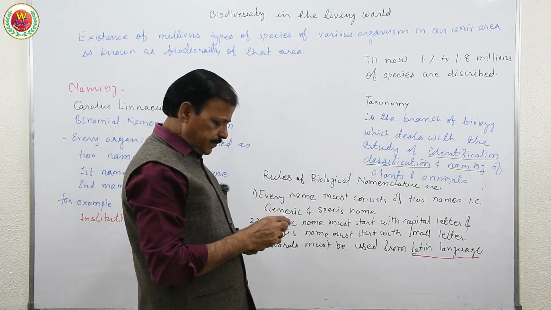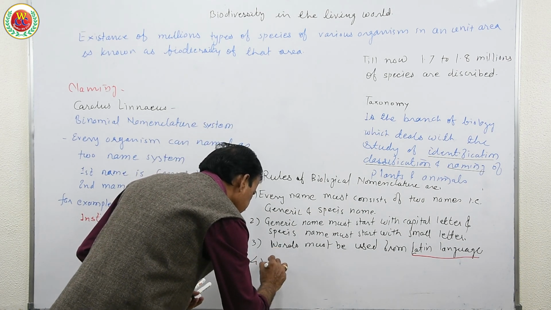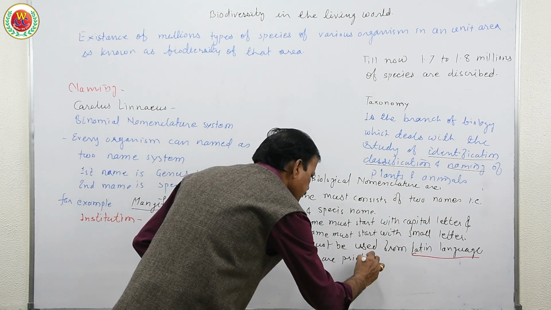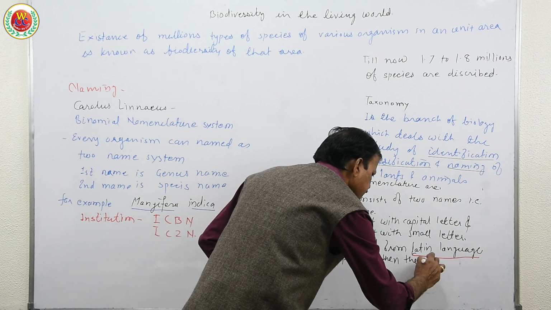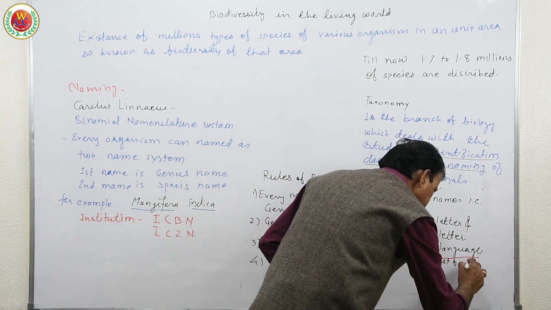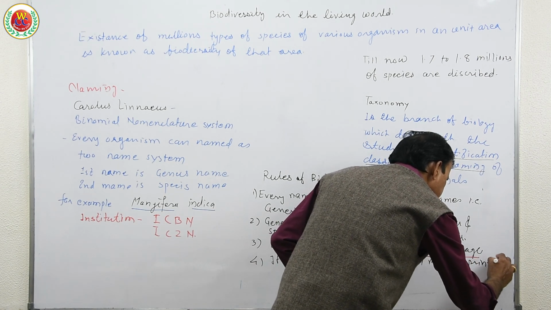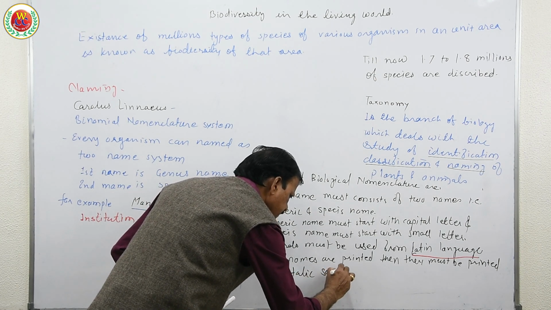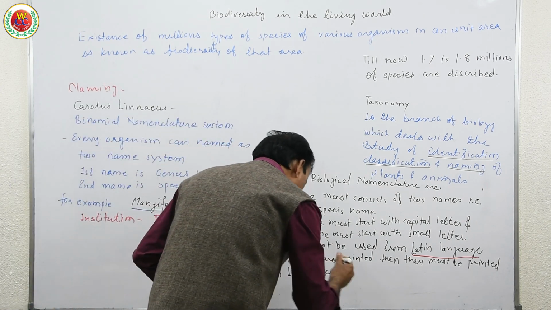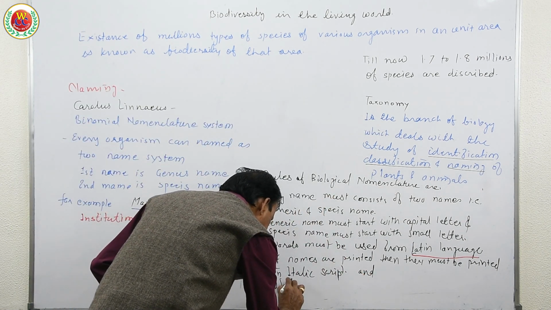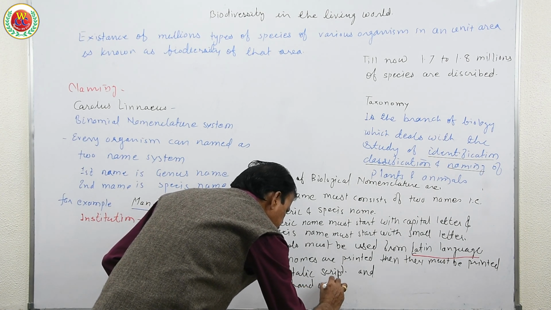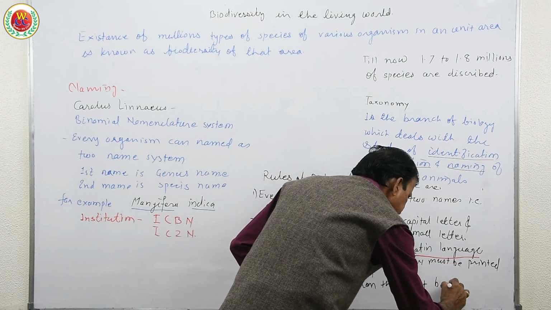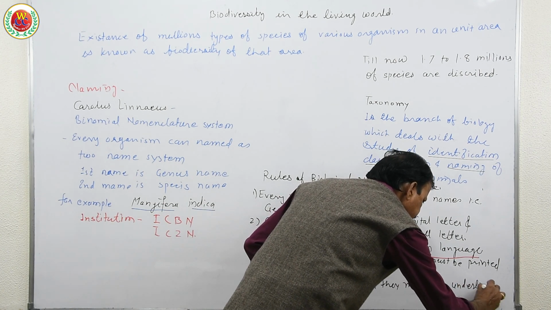Now, how to write them? If names are printed, then they must be printed in italic script, and if handwritten, then they must be underlined separately.